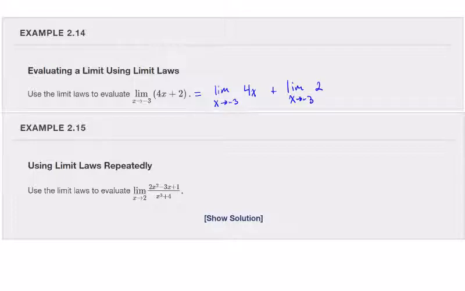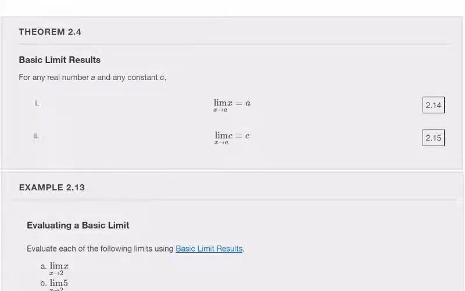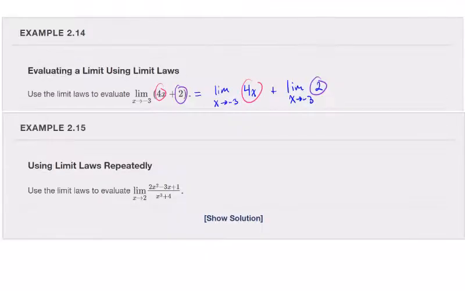Basically, I just broke the two components of that sum into their own limits, right? Now, this one we know how to do. We know that the limit of a constant is that constant. But this one we don't exactly have anything for yet.